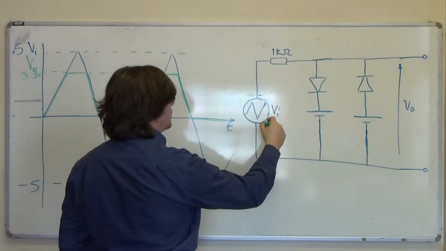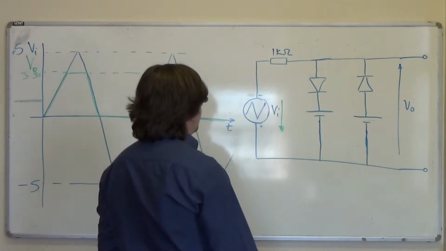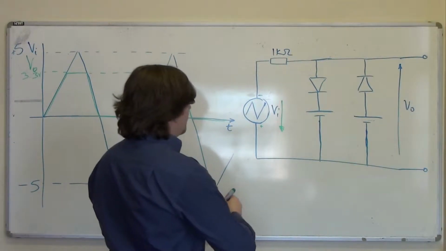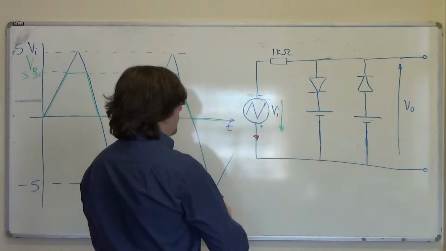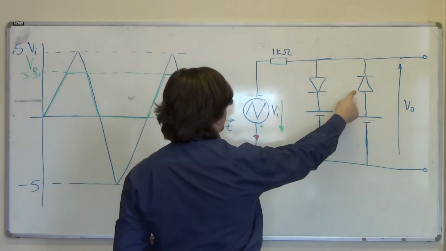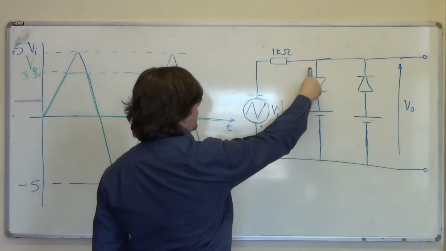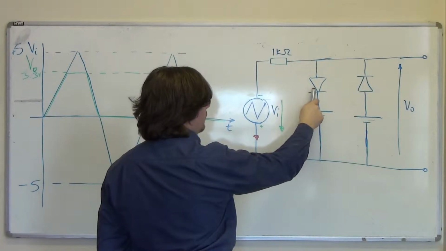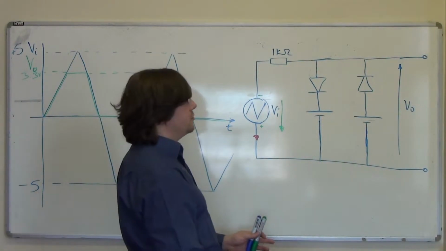So if that's going to be the more negative end, we'll end up with a voltage like that, and that will be causing a current to flow like that, and this current's going to flow around there and up there, assuming one of these diodes is conducting. But if the current is trying to go that way, this diode would have to be reverse biased in order to make some attempt at conduction of this current. It wouldn't, because a diode won't conduct any current if it's reverse biased.